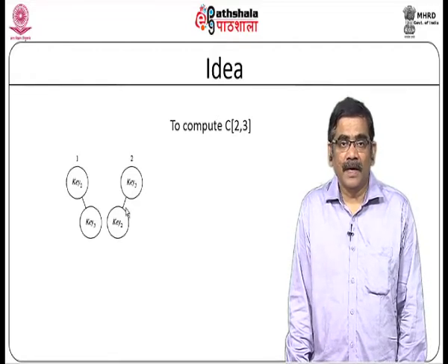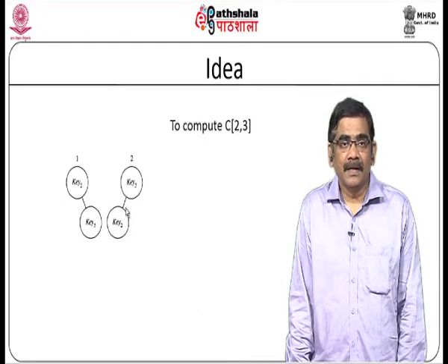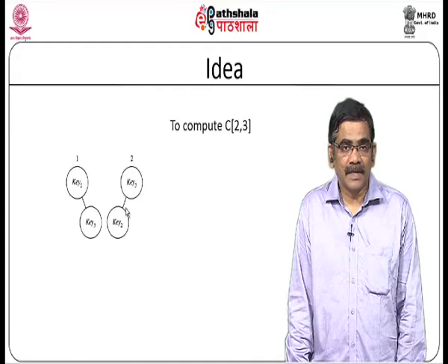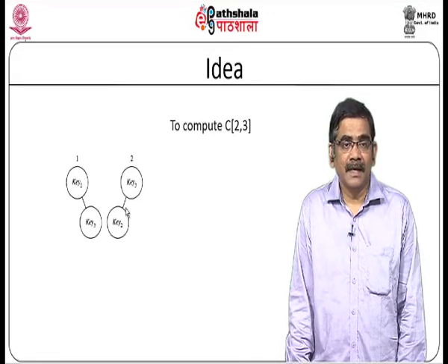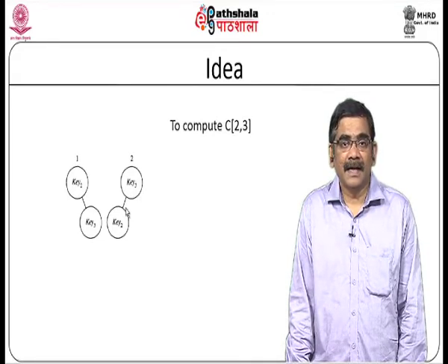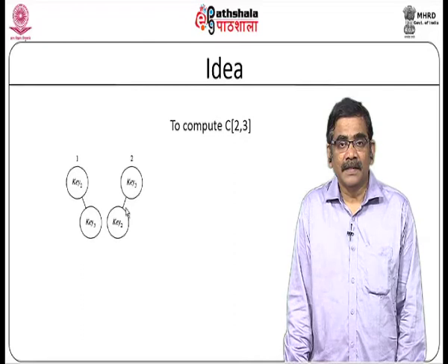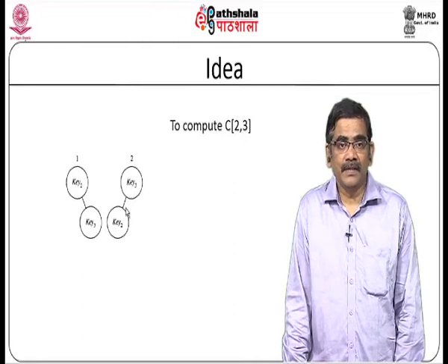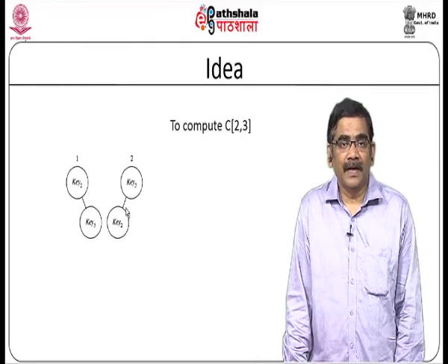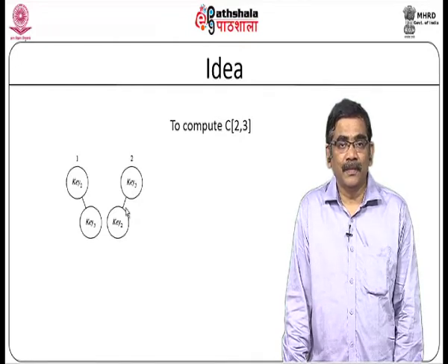Now, we have to establish the cost, take the minimum cost, and enter that as the value for C of 2 comma 3. In other words, C of 2 comma 3 is going to contain the minimum of all the possibilities of construction involving keys 2 as well as 3.